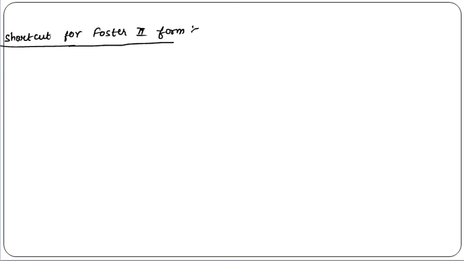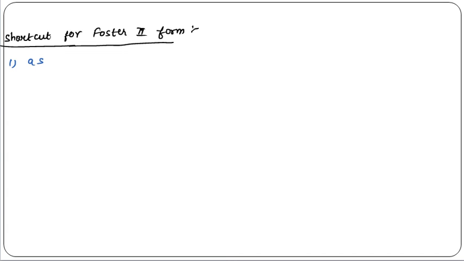So this is the shortcut table for Foster second form. In this you have to remember 5 values. First value is a into s.